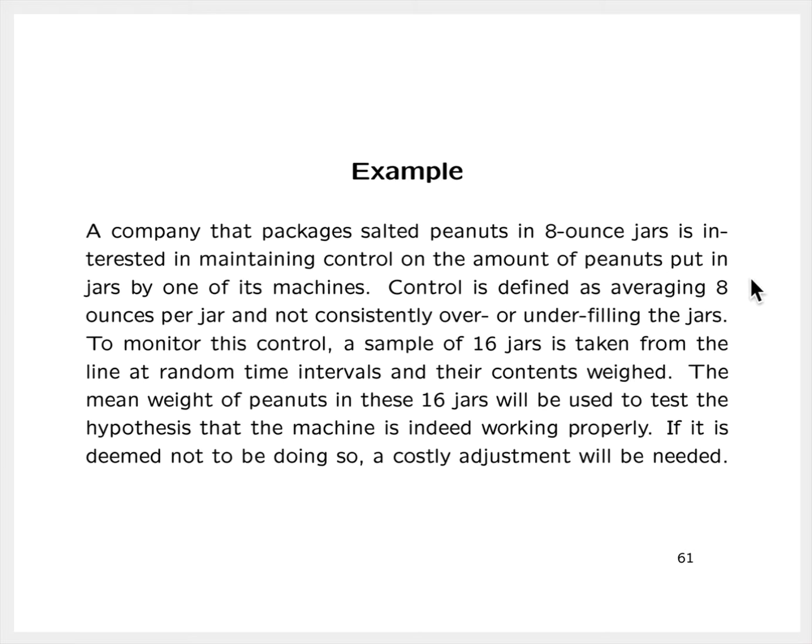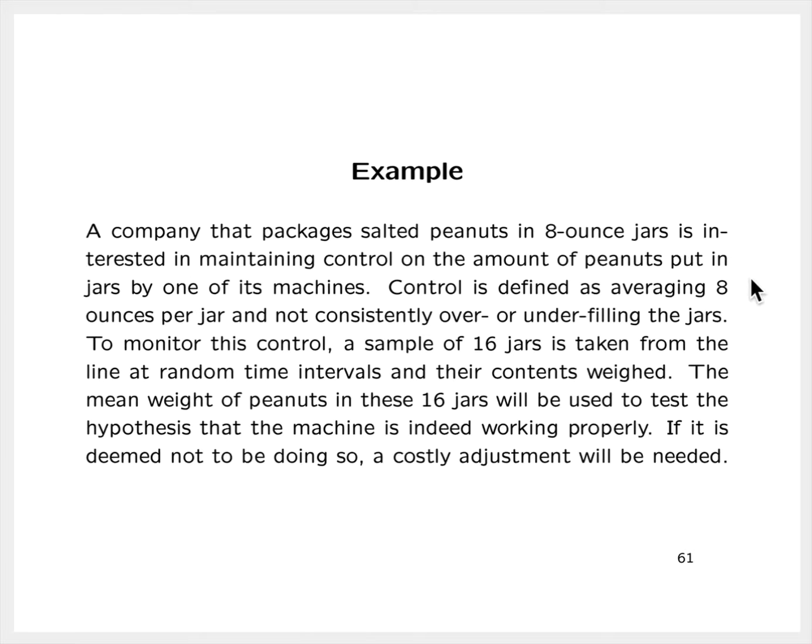So when we define the process as being in control or not in control, we cannot speak of the amount of peanuts in any particular jar. What we have to do is think of and speak in terms of a population characteristic, one or more population characteristics for the population of fills of peanuts into jars.